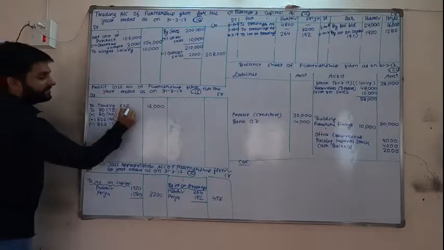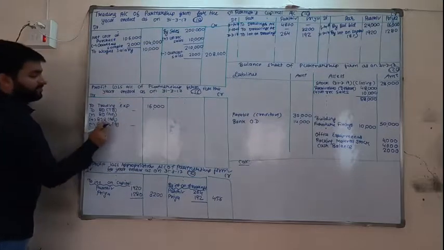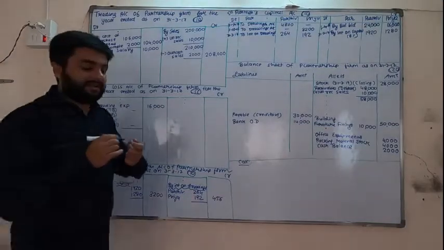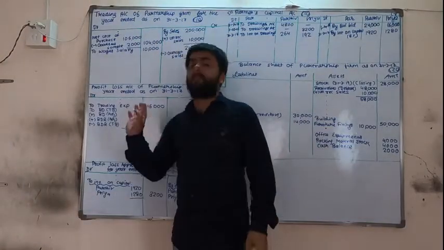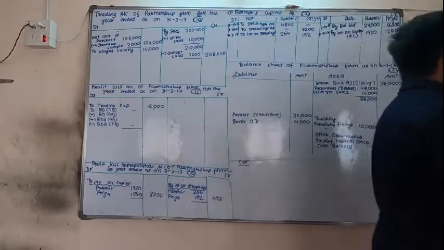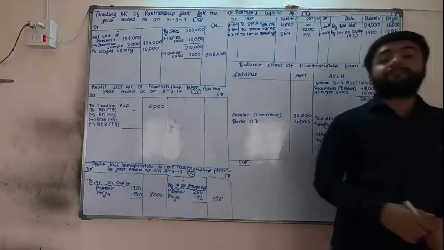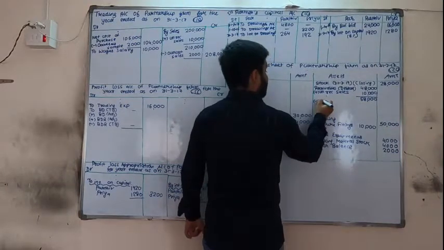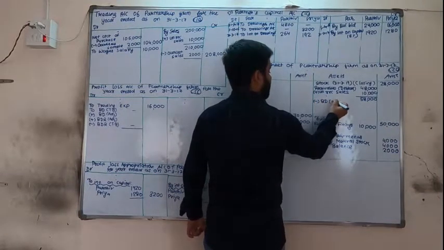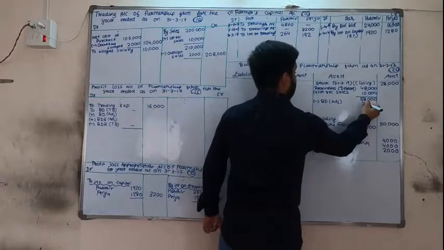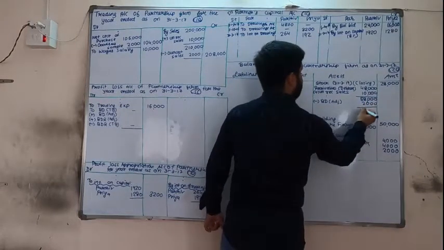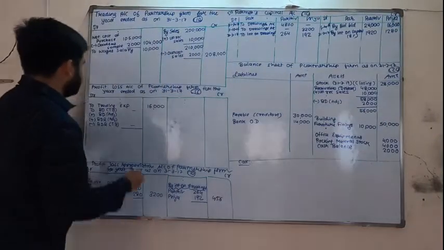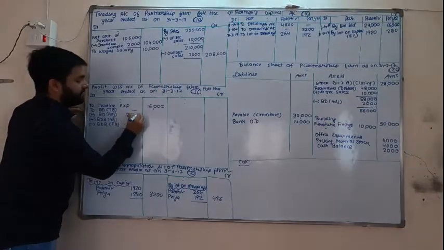But friends, in the trial balance there is no bad debts or bad debt reserve, so keep a hash. Only we are having bad debts and bad debt reserve for adjustment, not for trial balance. Now what they are telling, keep a bad debts of 2000. So subtract from debtors, minus bad debts adjustment 2000. So again in the inner column only we will have 56,000 and subtract 2000 and do 2000 here also.